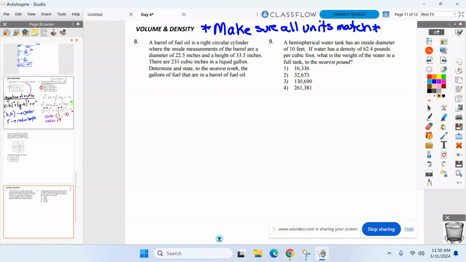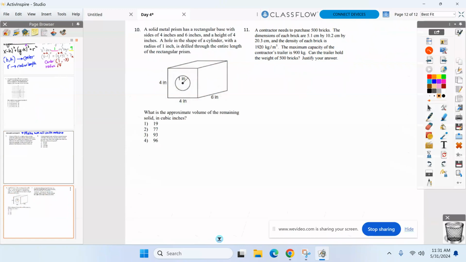Yeah, Matt. When can you not switch the units? You never switch the units after you find the volume. Switch the units now at the beginning. So for instance, you guys are going to do number 11 on your own today.